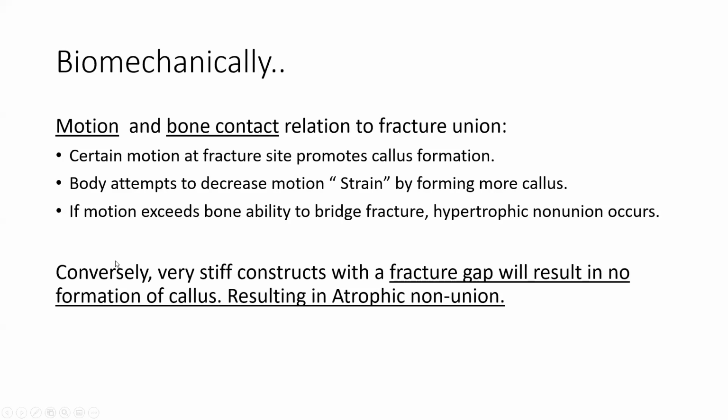Conversely, as I mentioned, very stiff constructs with a fracture gap, especially if there's any gap, and it was very stiff, which means strain was 0%, which is very difficult to achieve, by the way, will result in no formation of callus, resulting in atrophic non-union. Zero cells will migrate trying to bridge, and zero healing will happen.